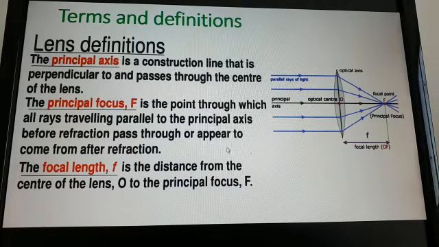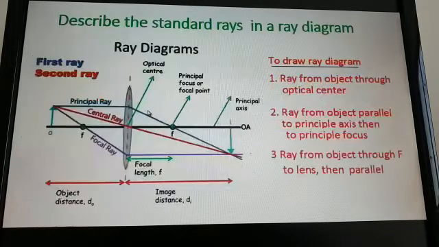And what is focal length? The distance from the center of the lens to the principal focus is called the focal length. I think we understand the principal axis, principal focus and focal length.